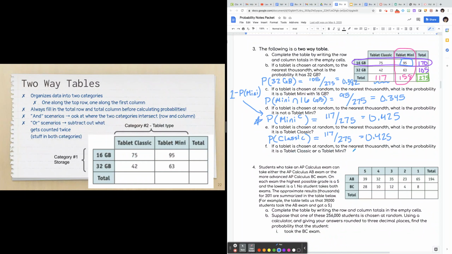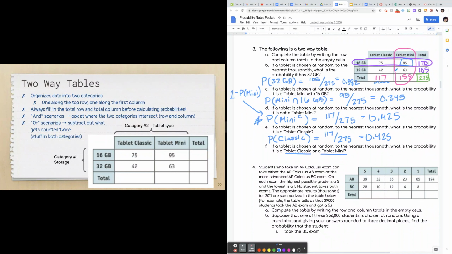In this one, I want to know what's the probability that I get a classic or a mini. Remember, "or" in probability means one or the other or both. Now here in this problem, it's not possible for me to get both a classic and a mini at the same time. I can't pull just one tablet and have it be both a classic tablet and a mini tablet, right?